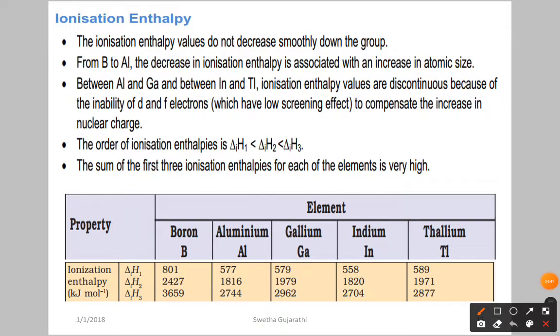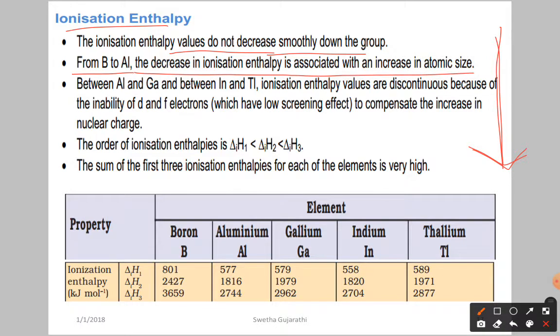Next, ionization enthalpy. Ionization enthalpy values do not decrease smoothly down the group. Generally, down the group ionization enthalpy should decrease, but it is not like that. From boron to aluminium, the decrease in ionization enthalpy is associated with the increase in atomic size.